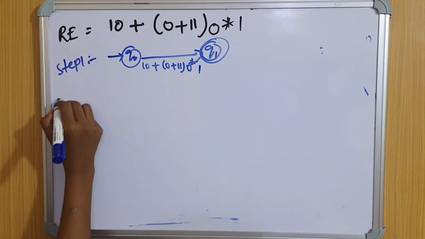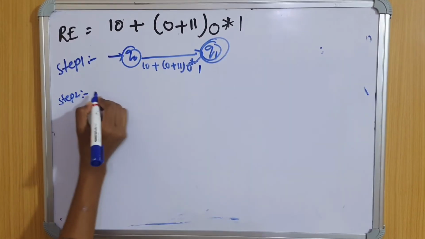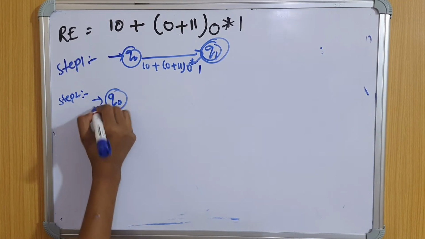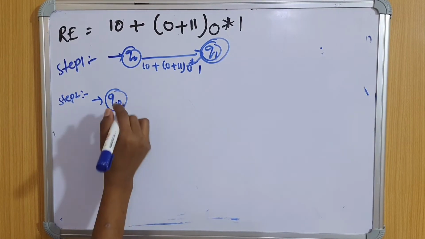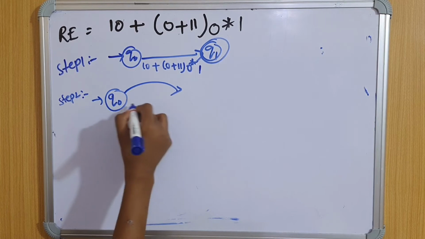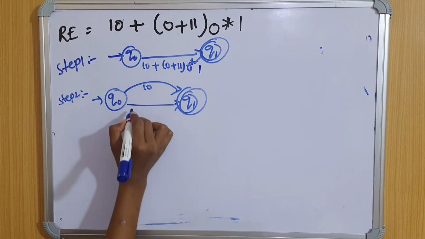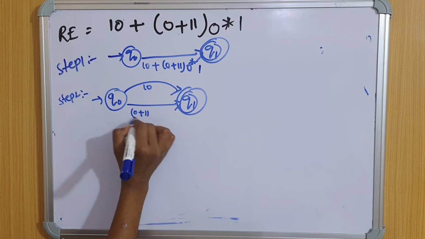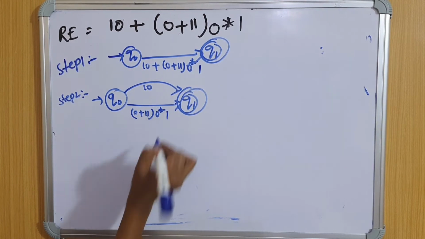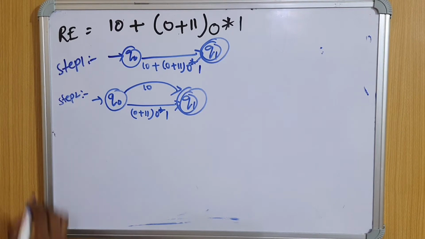Next, step 2. Q0 consists of a plus. I told you already how plus works. So we get 10 then (0+11) then 0*1. Clear? Now step 3.